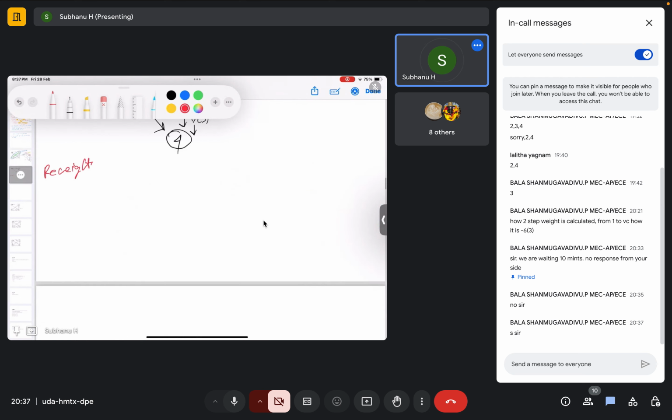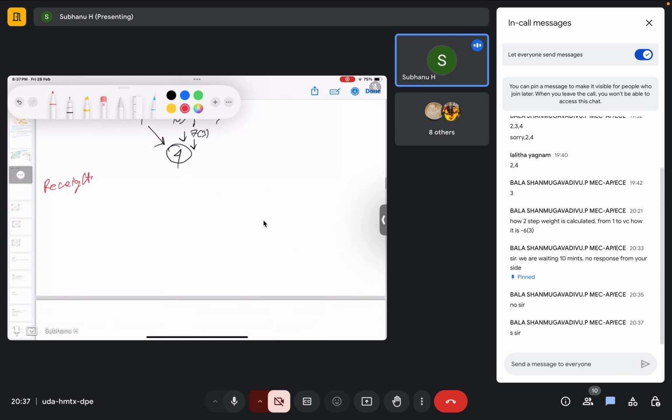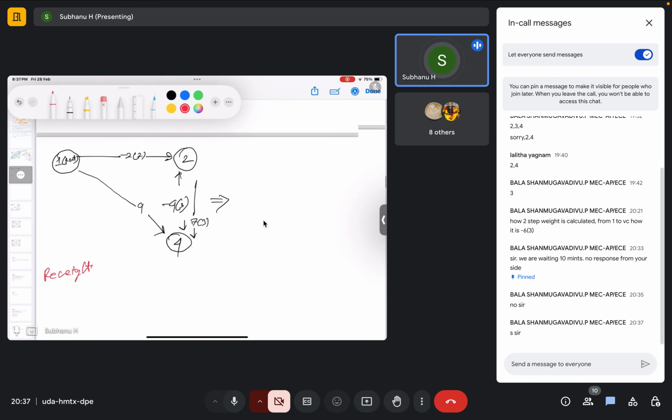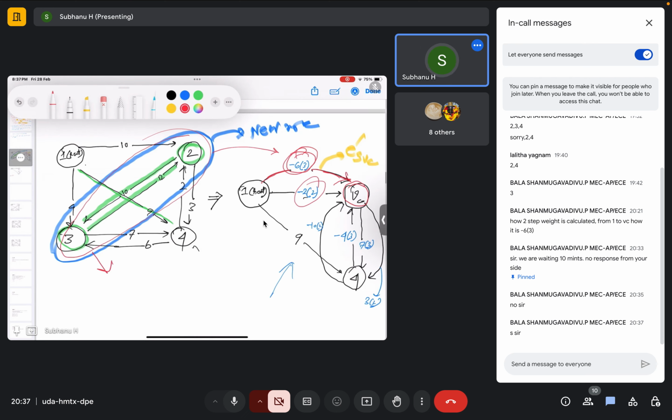Okay, fine. So this is called the reweighting of the edges, or edge adjustment. When we have got a cycle, I name it cycle C. When a cycle C is detected and contracted into a single node, this single node is VC.